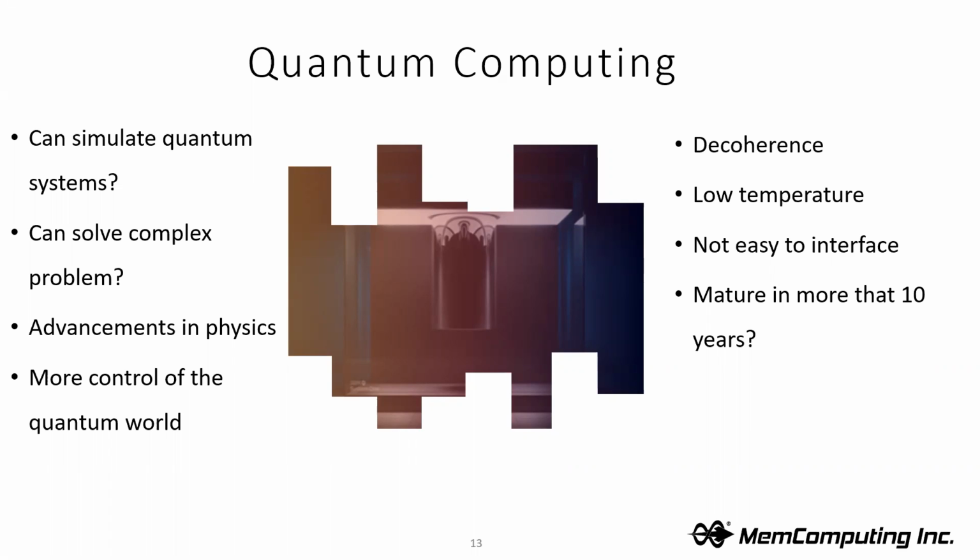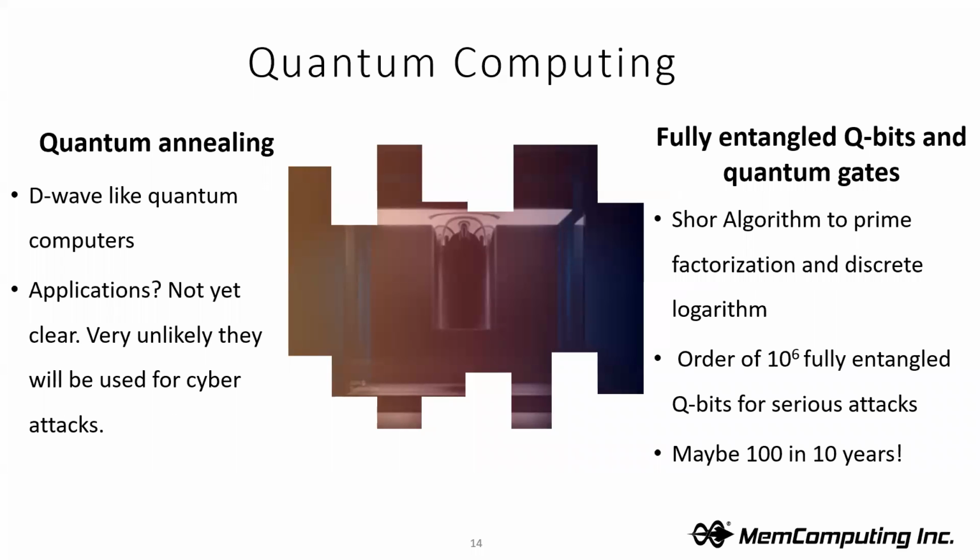We have just very small versions of these. In fact, we have two types of quantum computers today. One is based on quantum annealing. There is, for example, the very famous D-Wave machine that implements quantum annealing. However, quantum annealing is not really what you expect from a typical quantum computer. It is used more to solve optimization problems, and even today it is not well known how useful a quantum annealing machine is going to be.